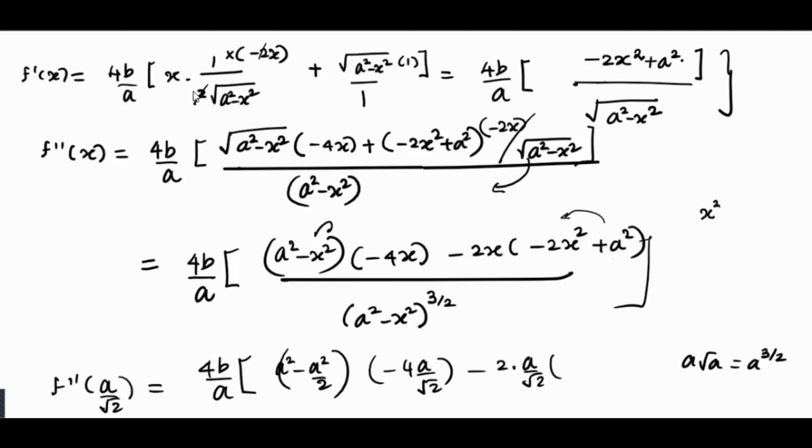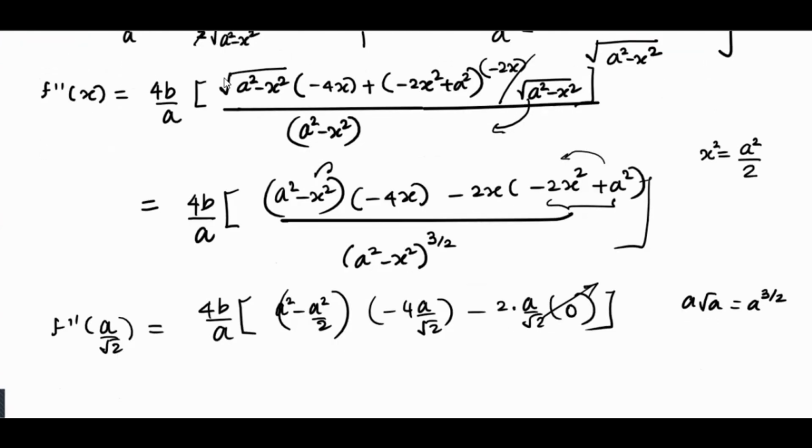So x square is a square by 2, so 2x square would be just a square, and these two terms get cancelled. That divided by a square minus x square, where x square is a square by 2, the whole power 3 by 2.